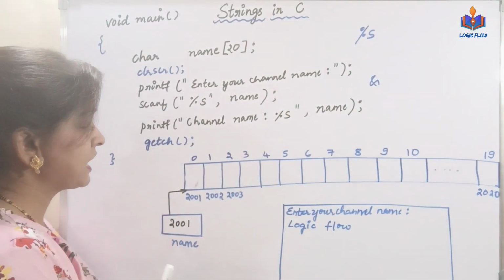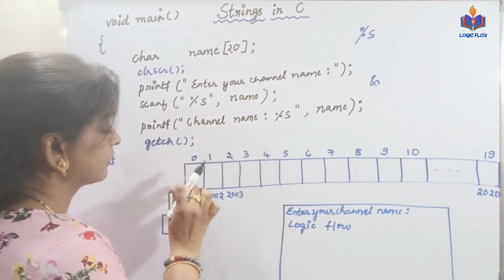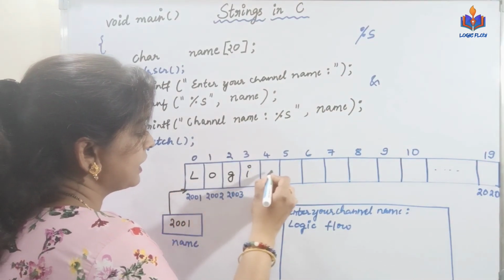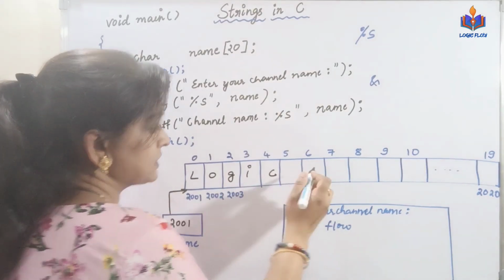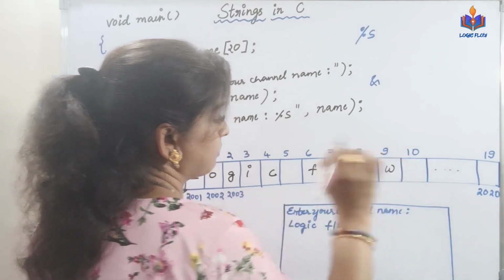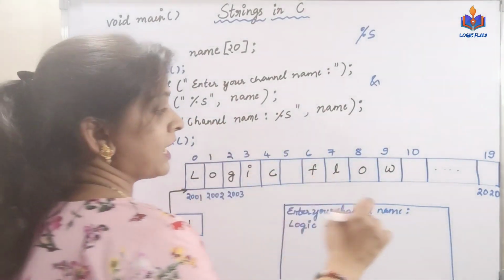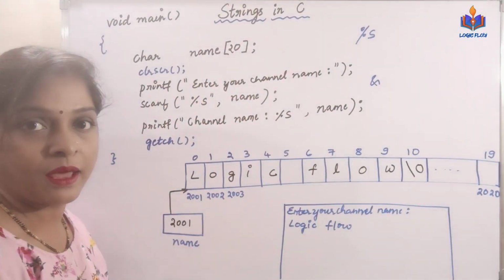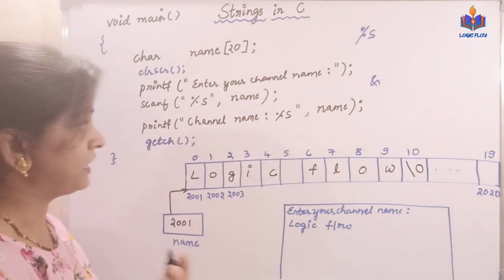It is L, O, G, I, C and a space, F, L, O, W. And at the end, the null character will be appended automatically by the compiler.